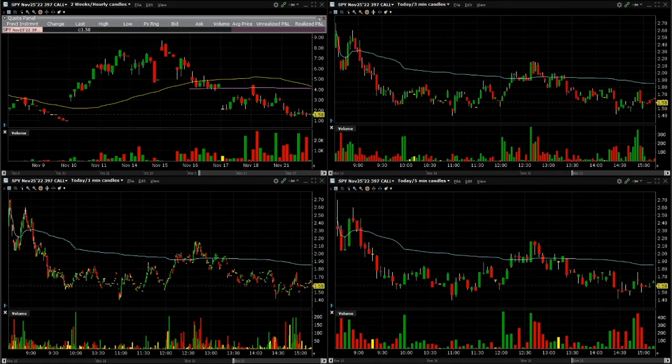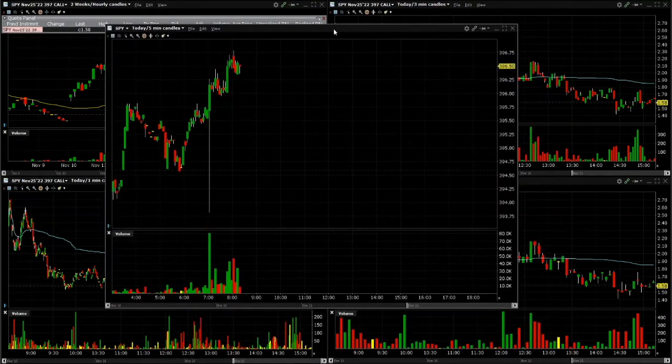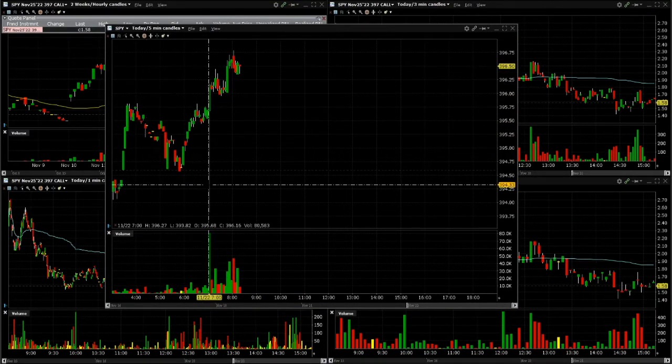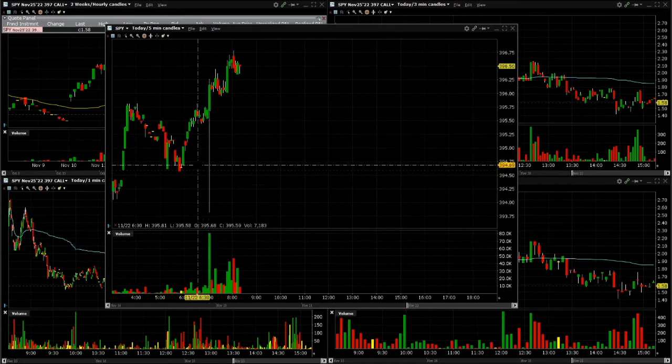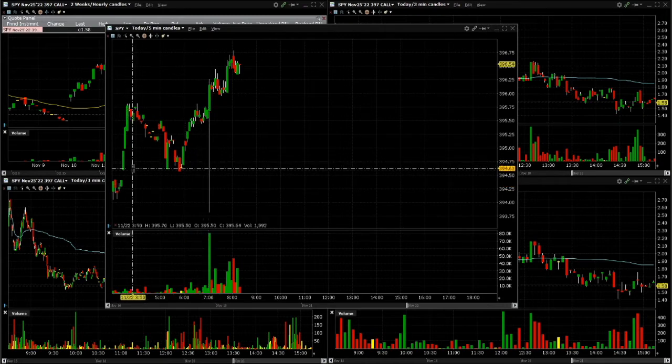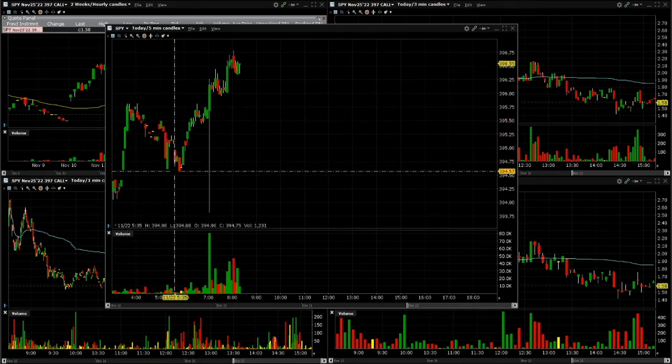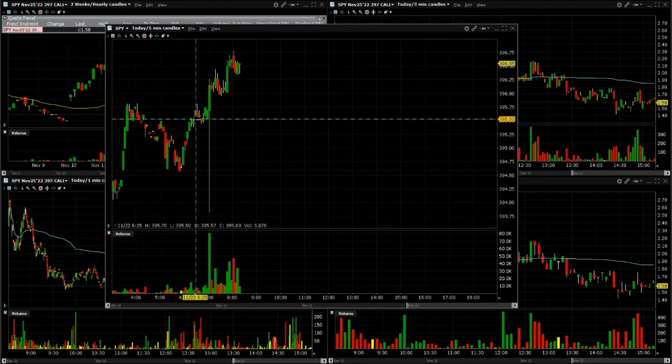I'm going to bring over a chart of SPY in pre-market. This is from 3 a.m. onward in the early morning hours. Had a nice pop to the upside, hit a high of 395.81 right there where my horizontal line is on the crosshair. And then there was a pullback and rallied back, touched 395.81 again.